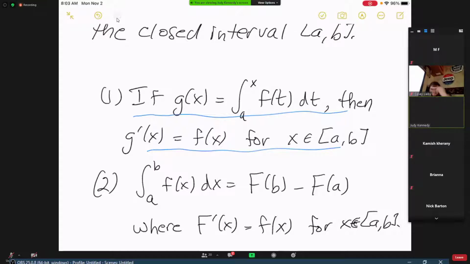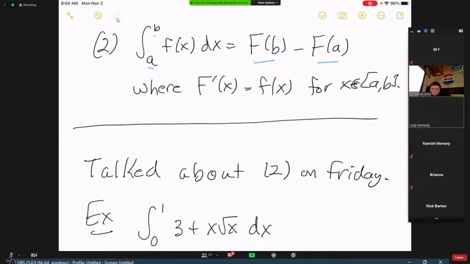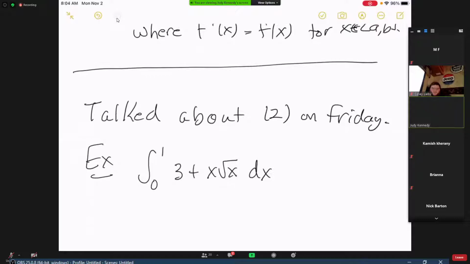Notice that you put the endpoints of your integral, a and b, into capital F. So it's F of b minus F of a. A definite integral is a number. So let's use part two to evaluate a definite integral.